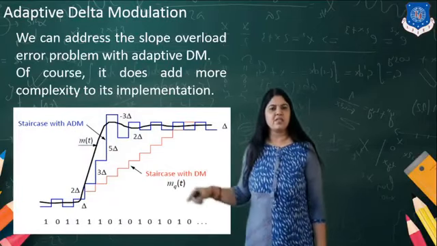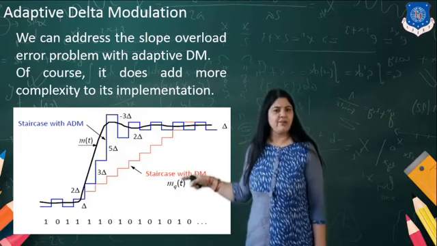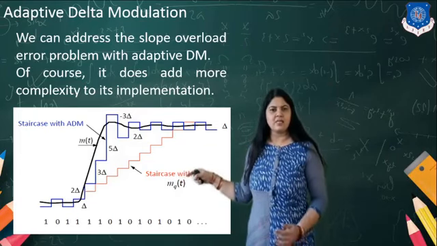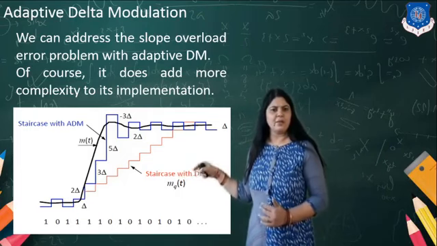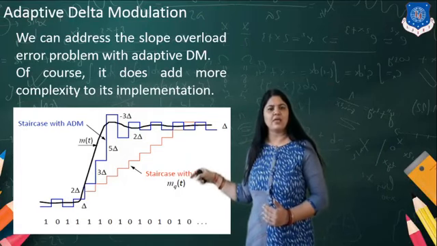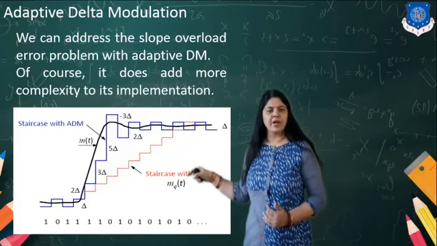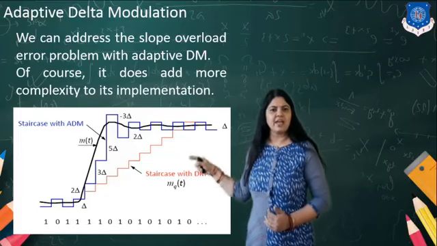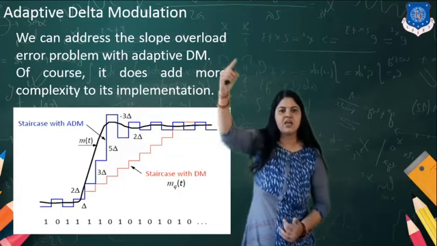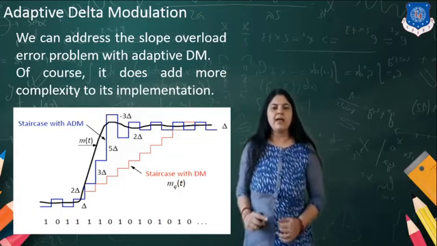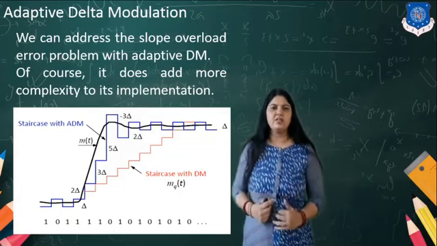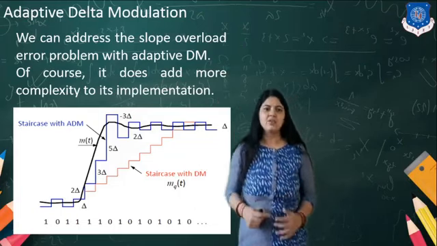Initially one value is there, and the signal is not varying in shape, so you see 1 0 1 1. Now there is again a change in the signal. Then, to reach the original signal, the size of the steps can be varied, and it is 2 delta.